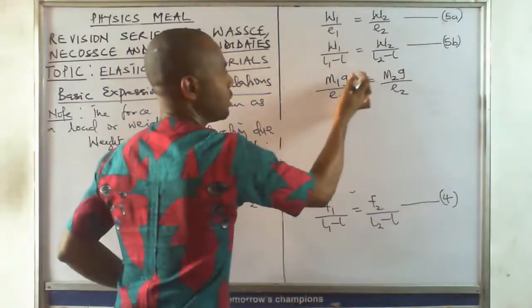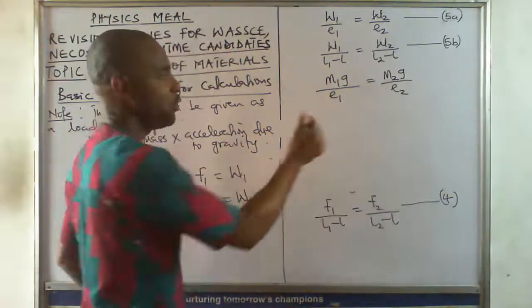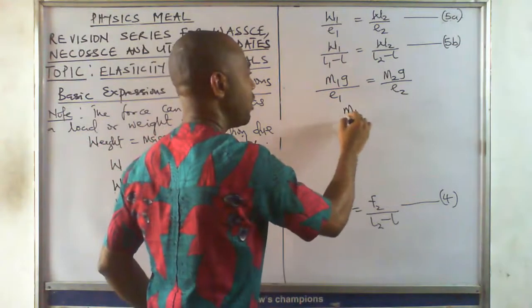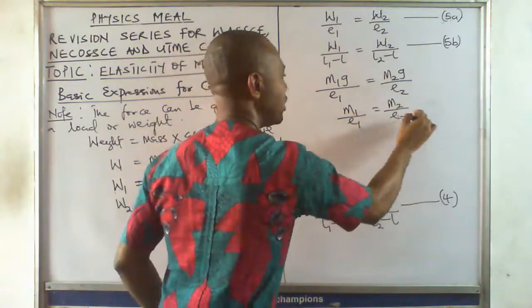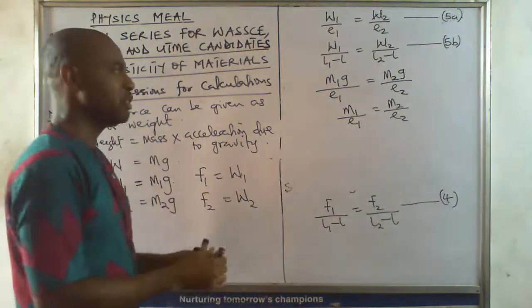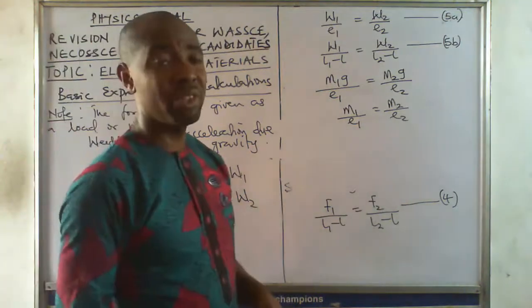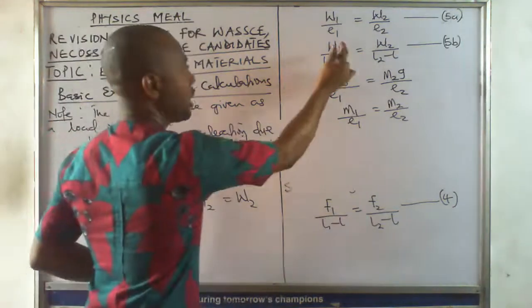G is a constant, so it's the same here. If you divide both sides by G, you will have M1 over E1 equals M2 over E2. Do you see how I'm playing around with all this? You can also do the same. You have all these expressions with you.